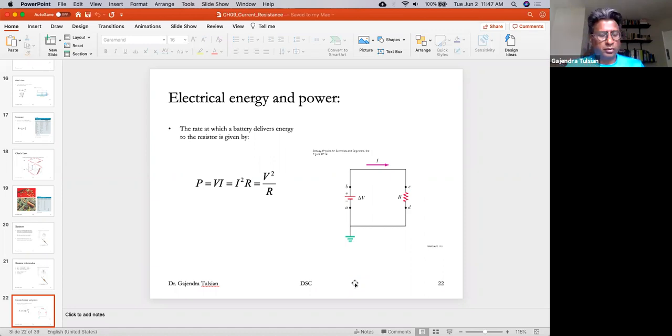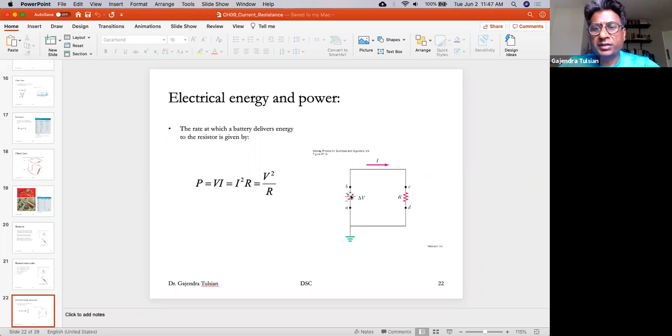All right, so now we'll talk about energy. You saw that the battery converts chemical energy to electrical energy. The battery is supplying energy to this device, whatever this device might be. This might be an electric light bulb, a toaster, an electric motor, or whatever.